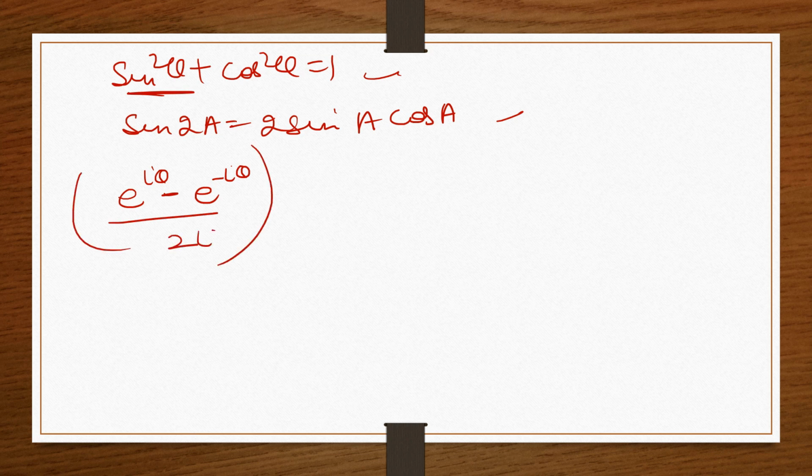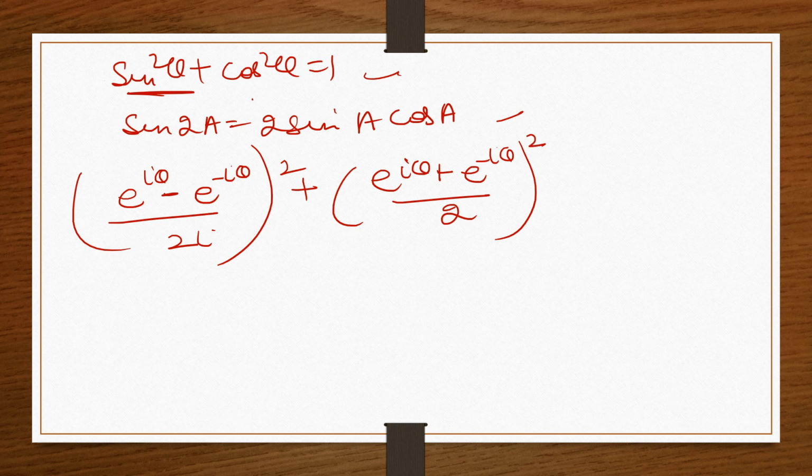Take the square of this, and cos is e power iota theta plus e power minus iota theta over 2. Now just solve this, you will get 1. You can prove all the formulas by using these exponential forms. I'm not going to cover that because that is the easy part and you already know the formulas, like sine 2a and cos 2a.